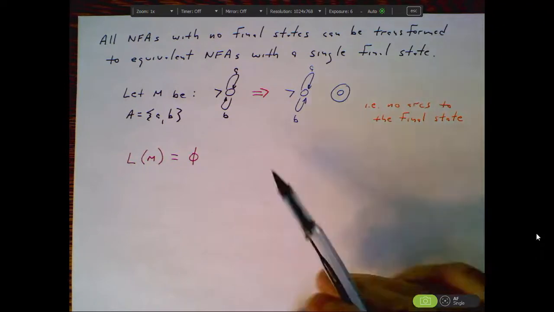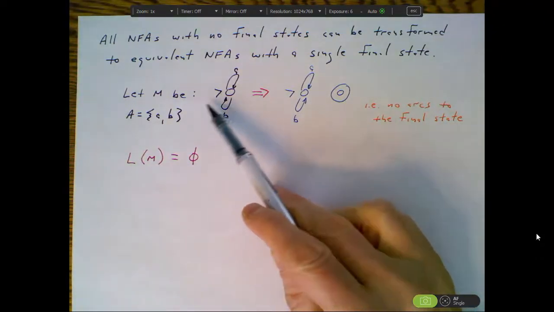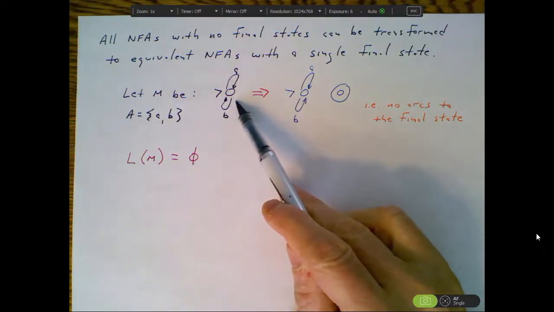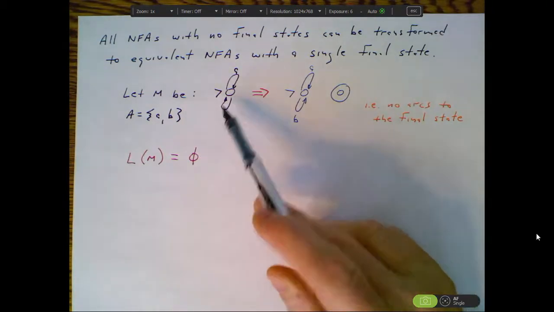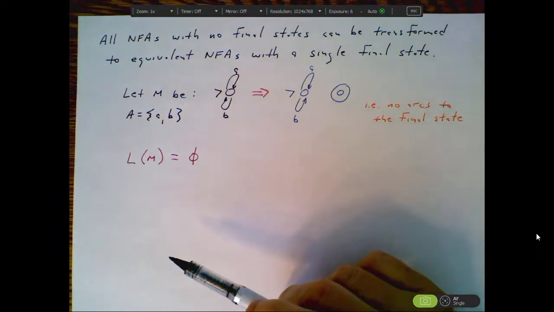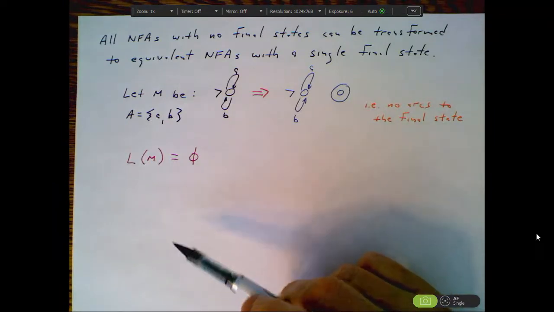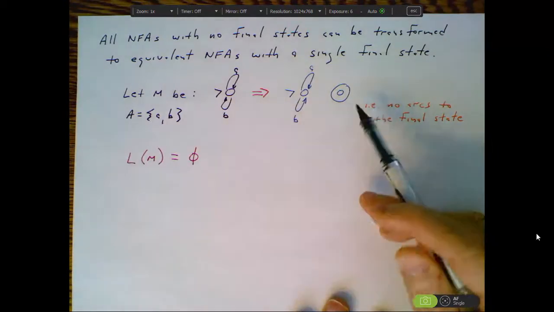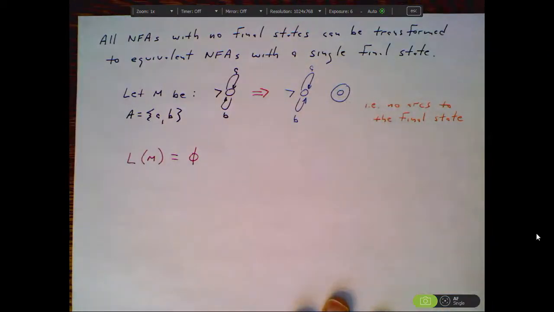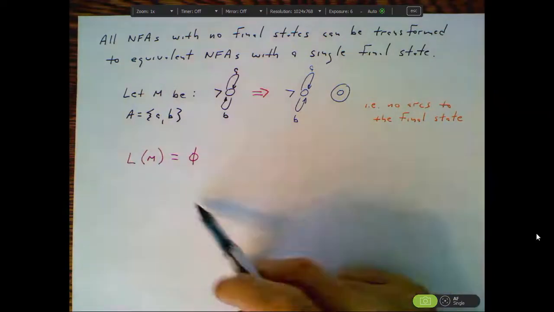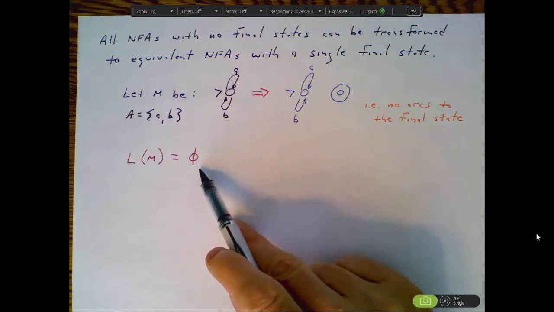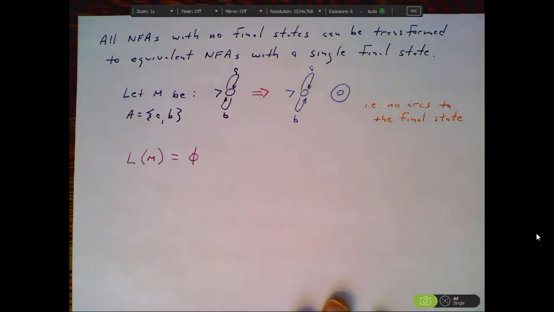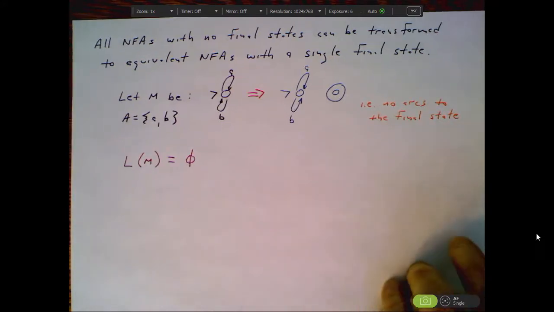But again, just to go through it a little bit, if I have this machine, for instance, this finite state machine drawn over this alphabet, it's just looping over A's and B's, and it never ends up in a final state. So it consumes all strings, never finishes in a final state. Technically, I can give it a final state by just adding the final state there, not connecting it to any arcs. And again, that language defined by that machine has to be the empty set because there's no way to match any strings. You can't get to the final state.